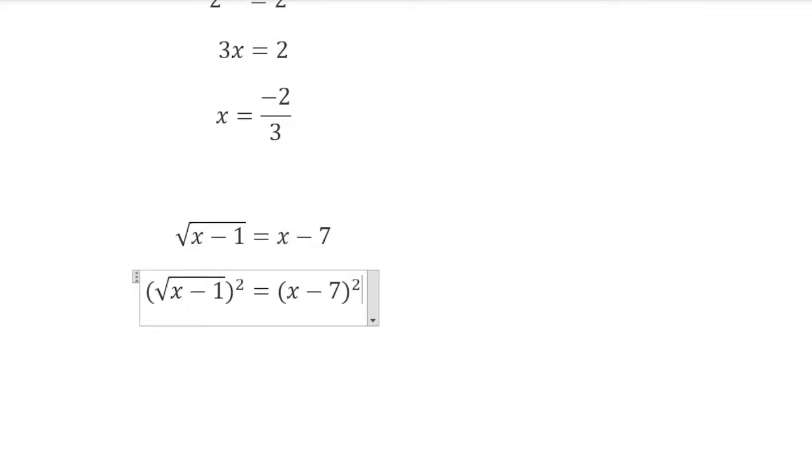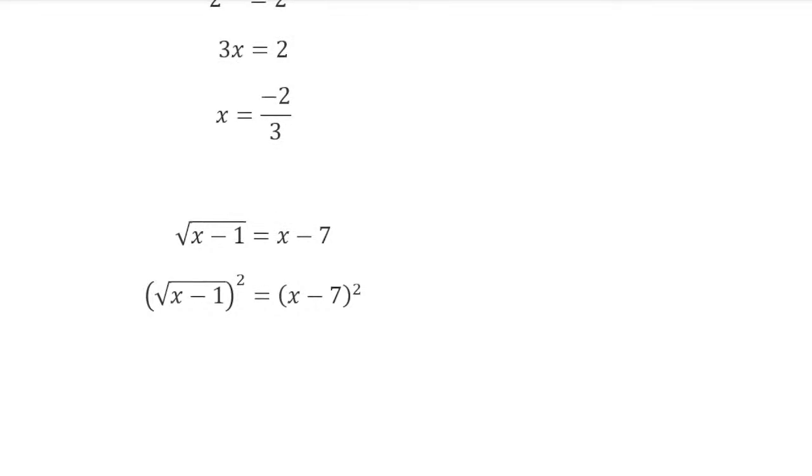Then on the left hand side, we'll have x minus 1 is equal to, all right. Now let's simplify by inspection. x times x is going to be x squared.